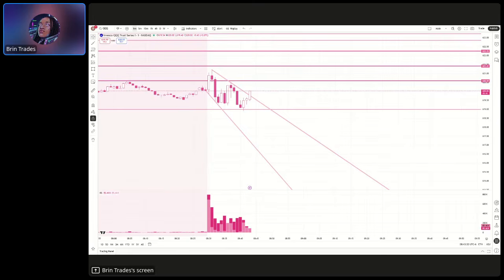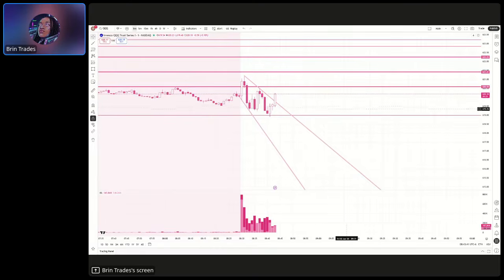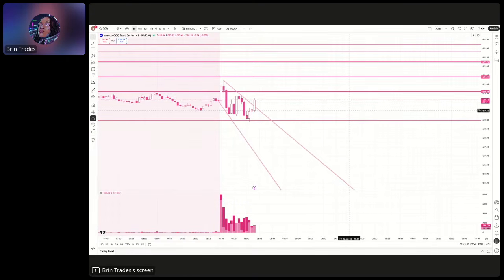Price is going to break that flag. I'm hoping this was a liquidity zone, because there may have been a lot of sellers that wanted to fill that gap. Maybe orders just weren't filled. I'm so cold.